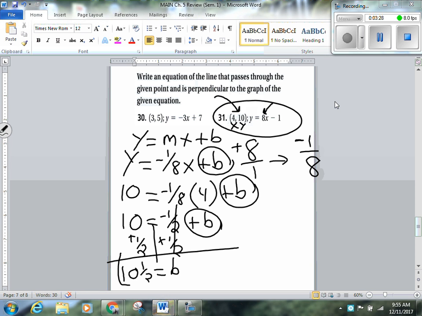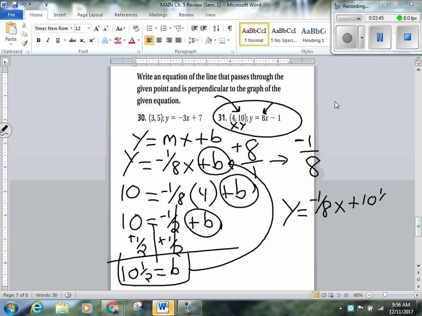B equals 10.5. Take that and plug it into that equation right there. So my final answer is y equals -1/8 x plus 10.5. Now I have a perpendicular equation for my point.